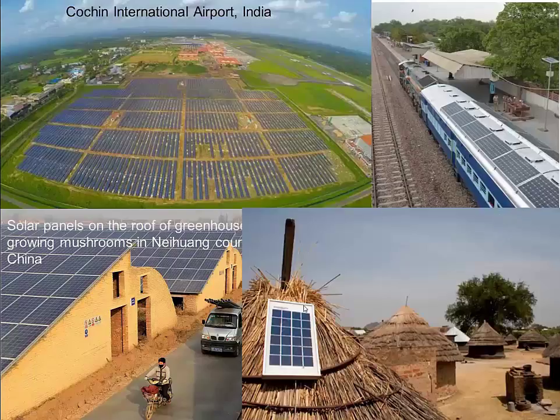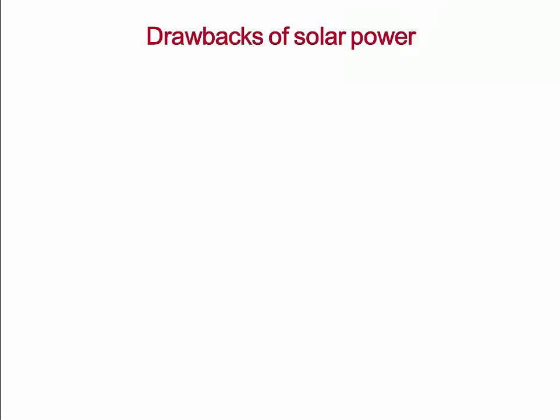And tiny little panels for individual huts in Africa to generate a little bit of electricity for every little hut. So you can see how, especially with little solar panels like this, individuals can have control over their own power and not depend on governments to provide them with power sources.